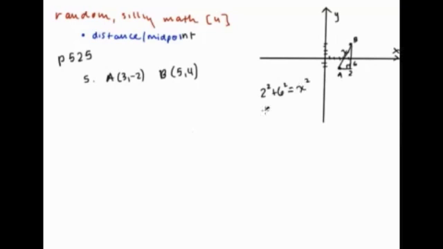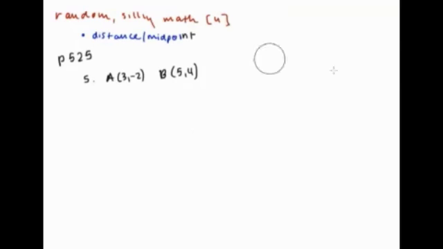And that would just be 40 equals x squared. Square root of both sides would give you 2√10 equals x, and that would be your answer, and it is the answer.